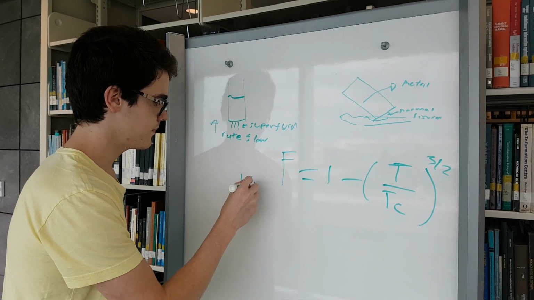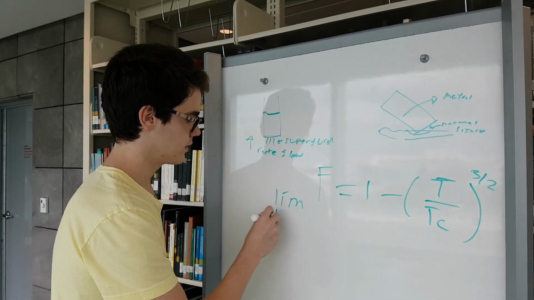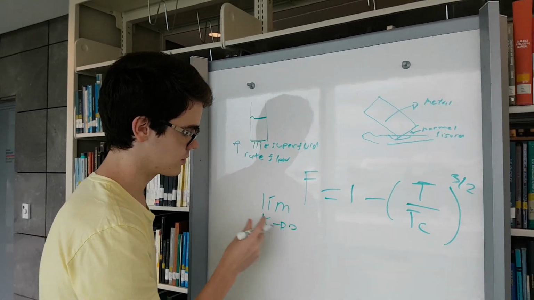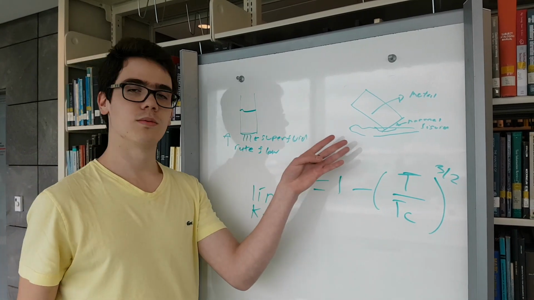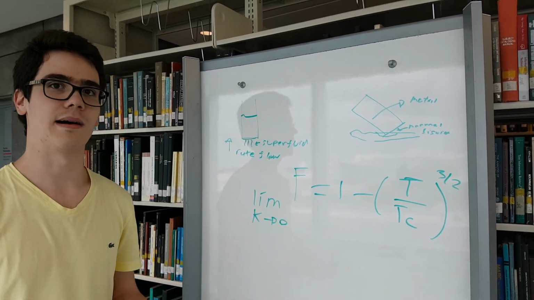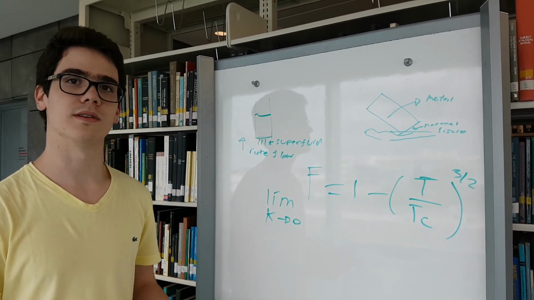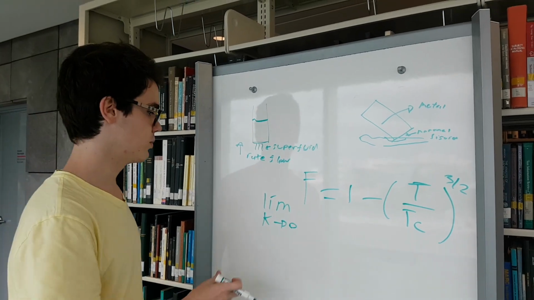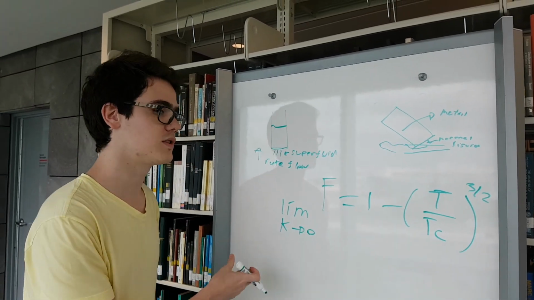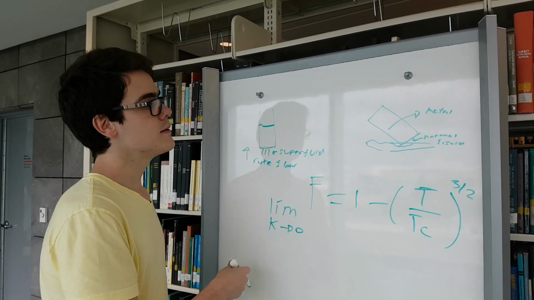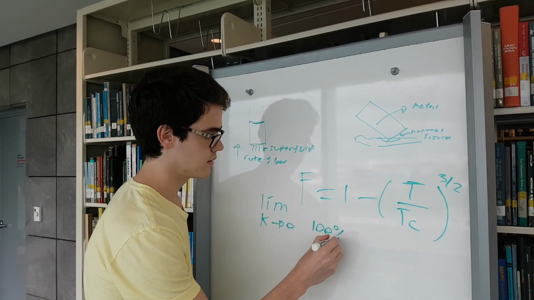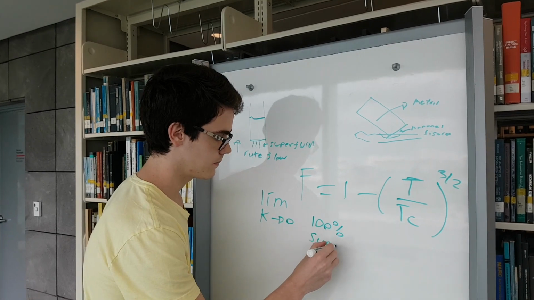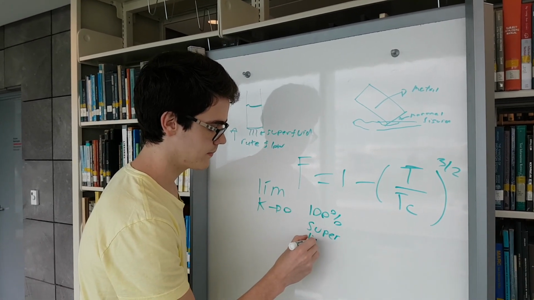The closer we approach 0 Kelvin, absolute zero, the greater the superfluid part of the liquid helium. So in theory, at absolute zero, which we cannot reach, this liquid will be 100% superfluid.